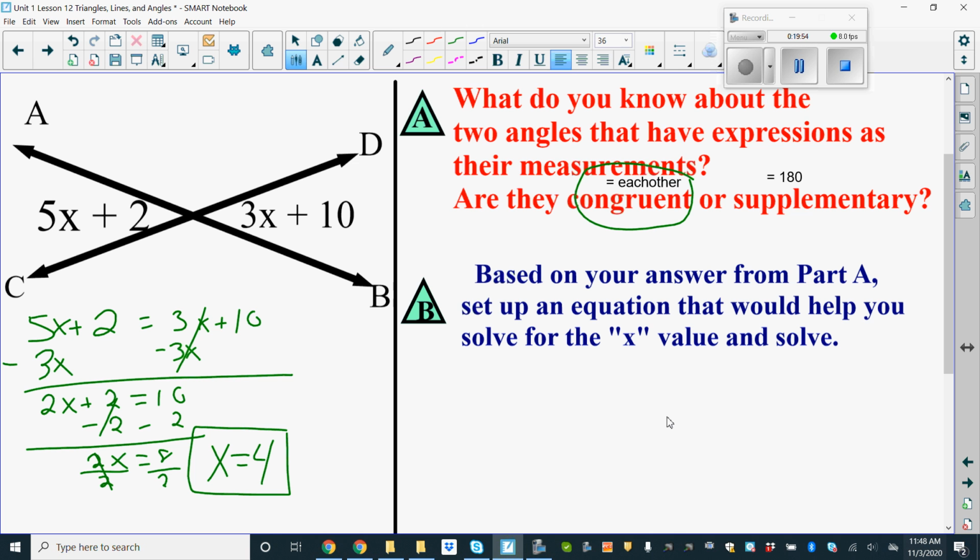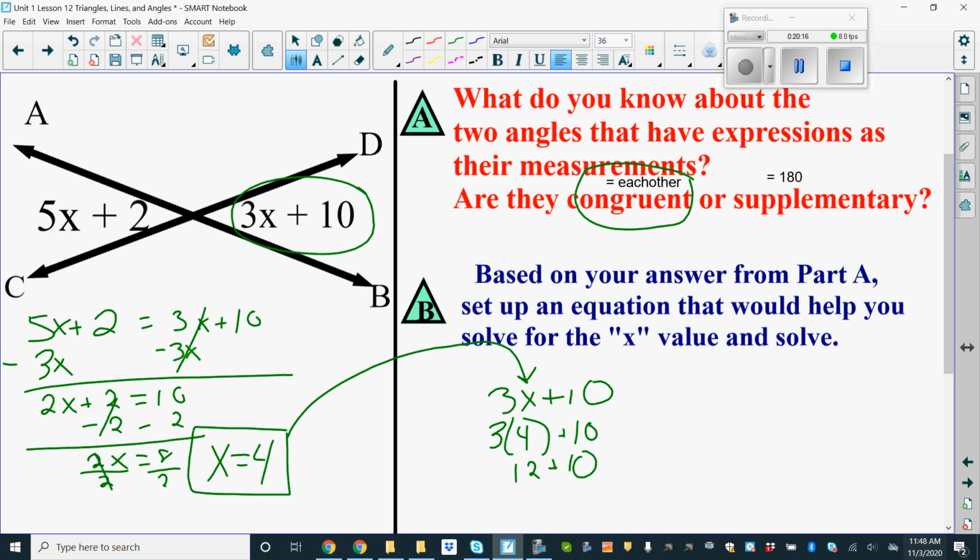I want you guys to solve for this angle. So you'll take 3x plus 10. I'm going to draw an arrow to where my x value is. Where that x is, I'm replacing with 4 that I just solved for. And now I have 3 times 4 plus 10, which is 12 plus 10, which is 22 degrees.